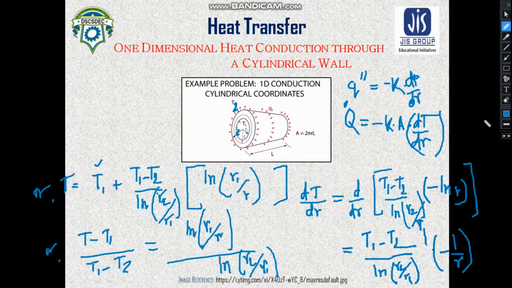So ultimately you get the differentiation result as (T1 minus T2) divided by ln R2 by R1, into minus 1 by r. This is the value which you need to put here. So putting this equation here, Q can be written as k, and the area is already given here: A is equal to 2 pi r L.